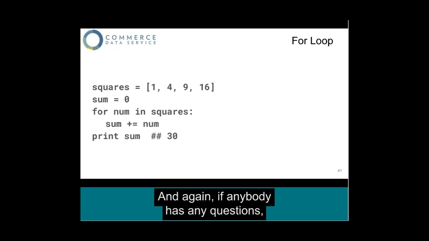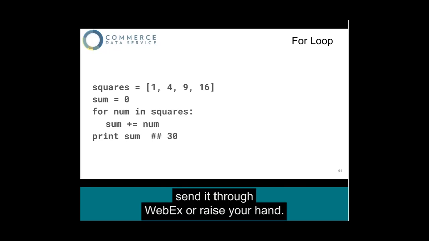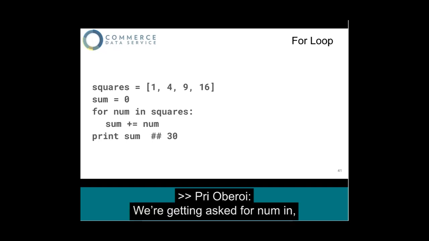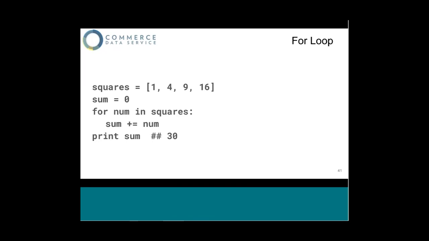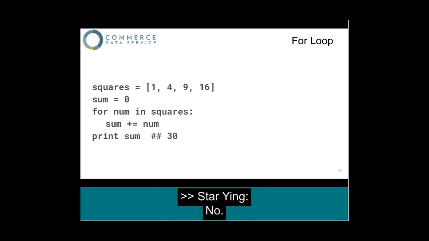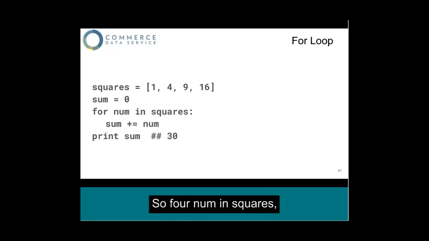And again, if you have any questions, send them through WebEx or raise your hand. We're getting asked, for num in, is that the keyword to initiate the sum process? No. So for num in squares, that line is to call the for loop.